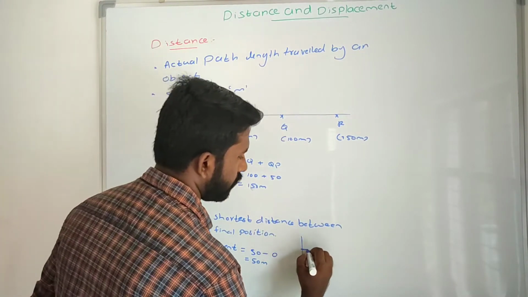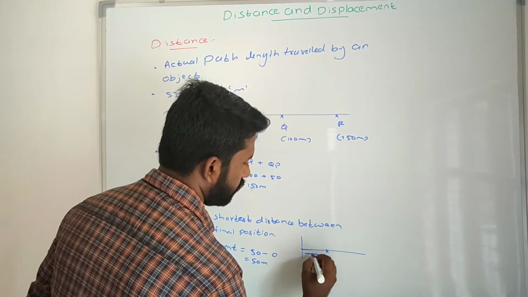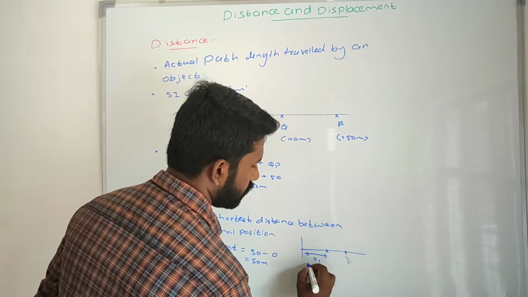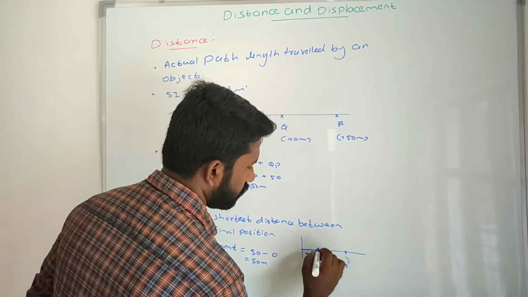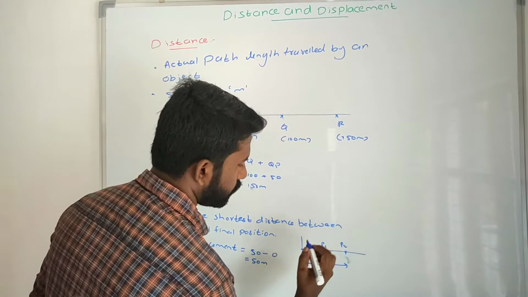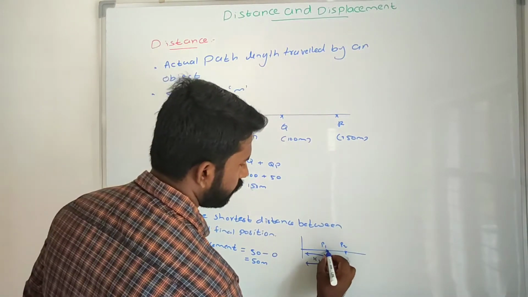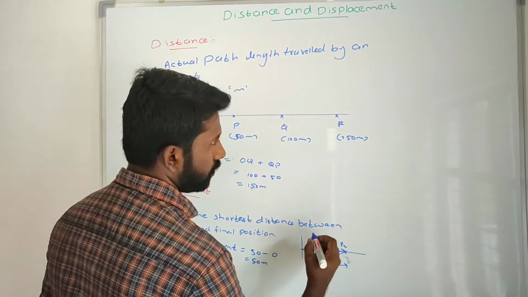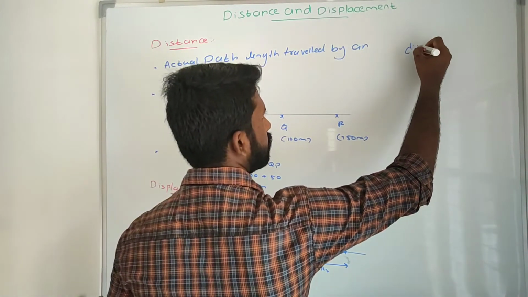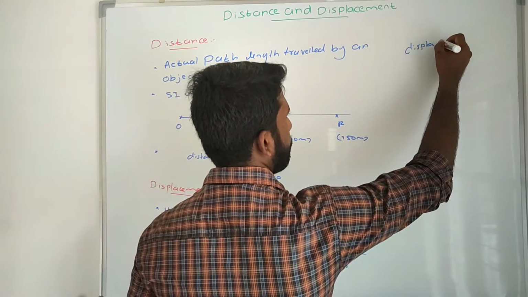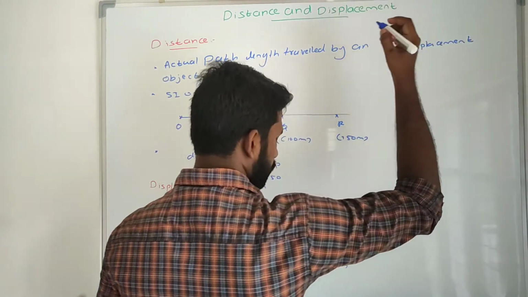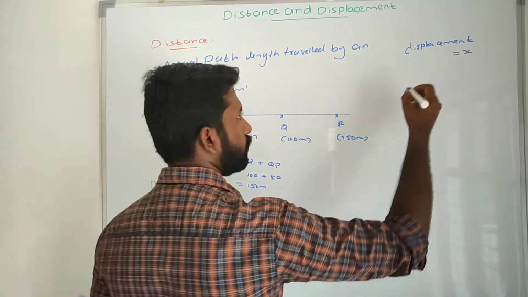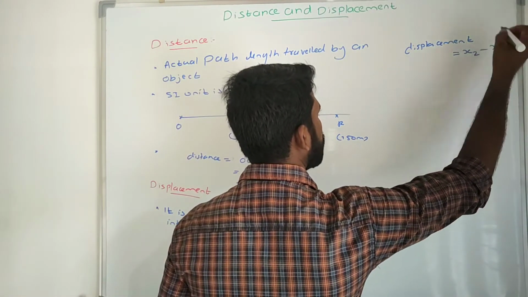In a general case, if the initial position is x1 and the final position is x2, then if an object moves from initial to final, the displacement is x2 minus x1.